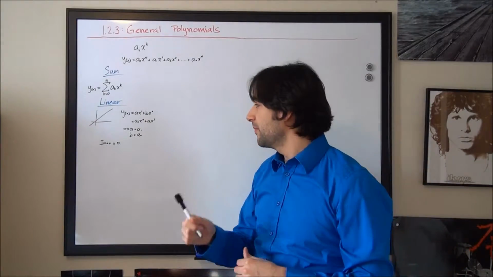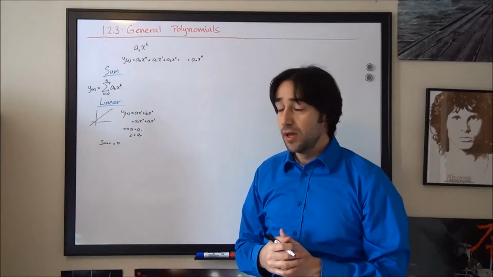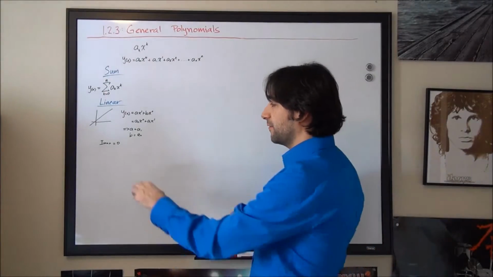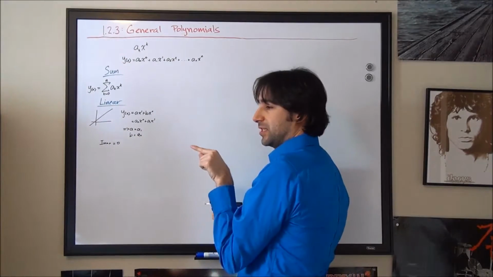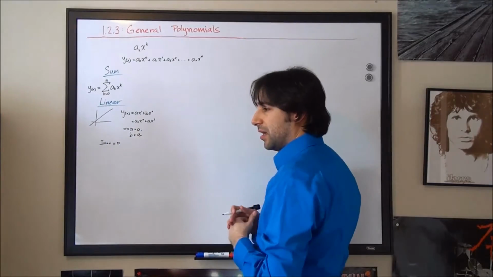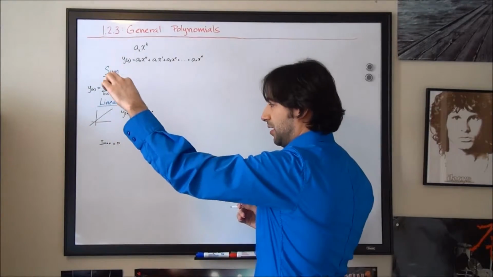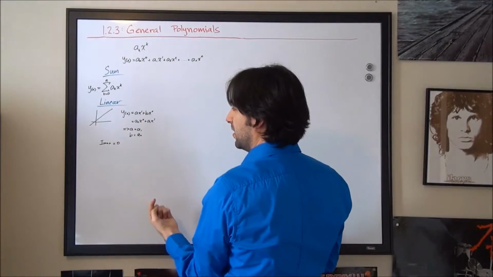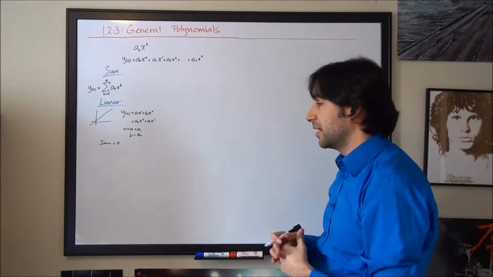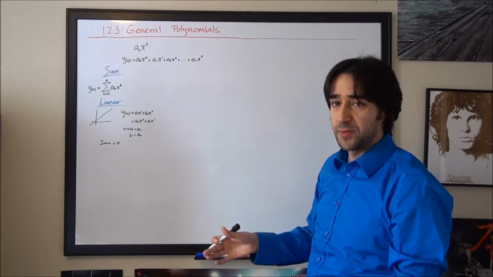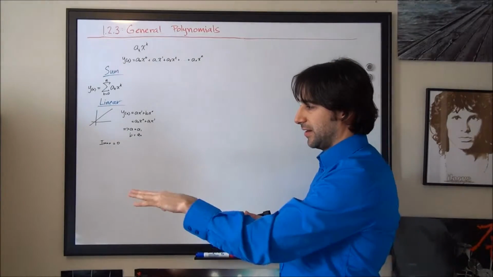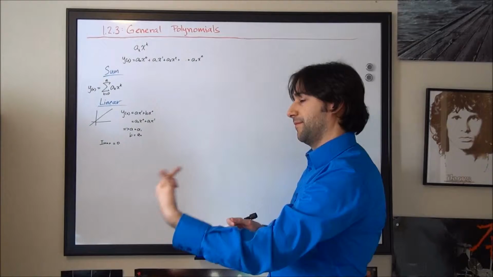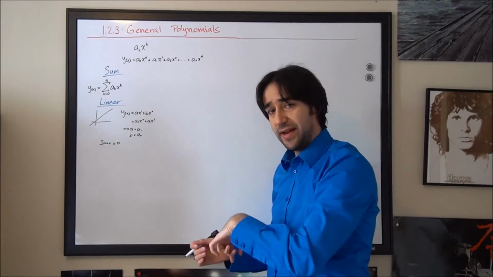What about the maximum number of roots? Well, this linear function, as x goes to negative infinity, the one that I drew, y would go to negative infinity, and as x goes to positive infinity, y would go to positive infinity. Now, if I drew the slope the other way, the opposite would be true. x negative infinity would mean y positive infinity, and x positive infinity would mean y negative infinity.